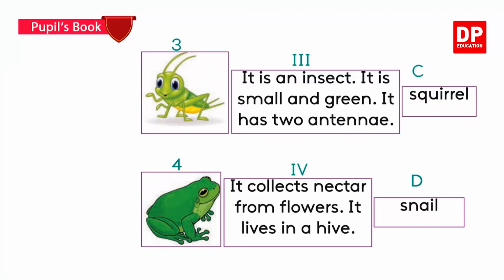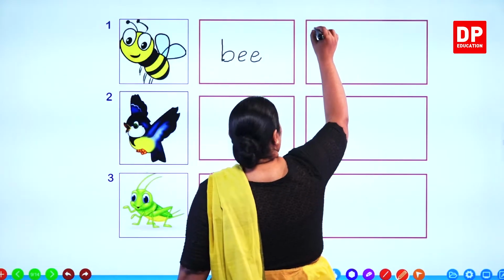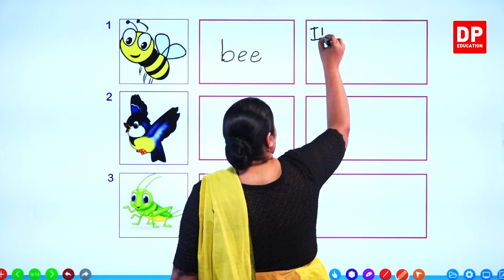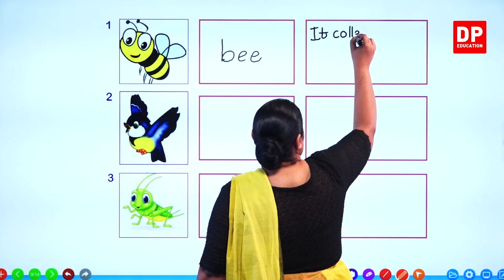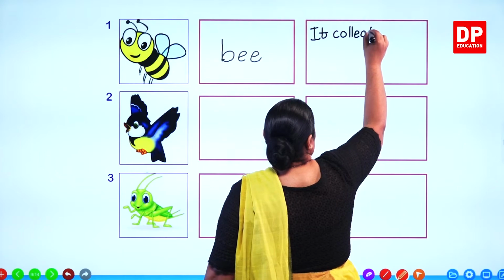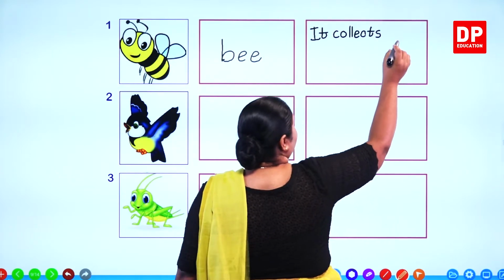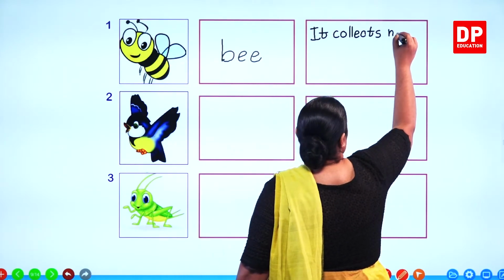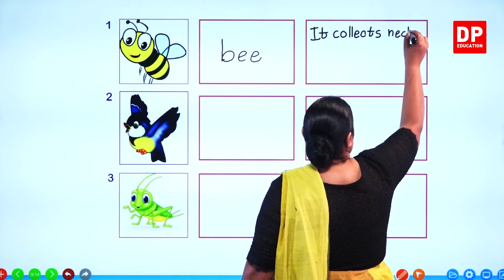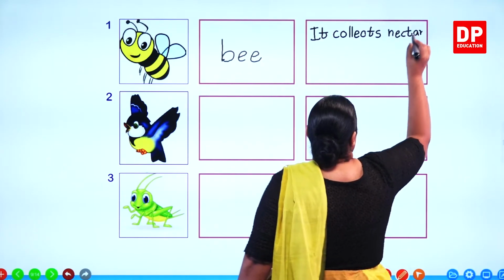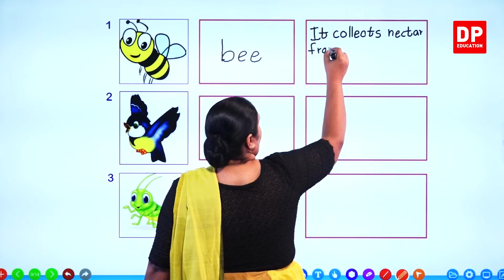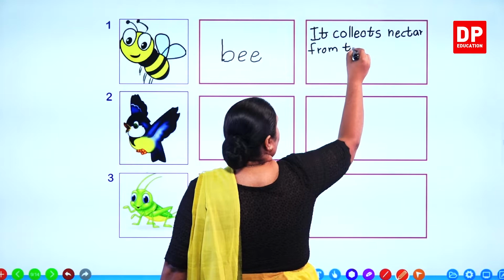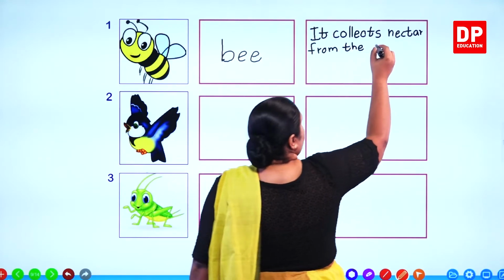So now we are going to write the description like this. It collects, C-O-L-L-E-C-T-S. It collects nectar from the flowers.